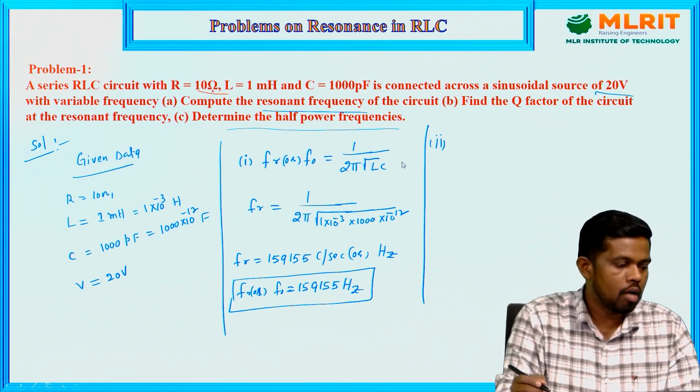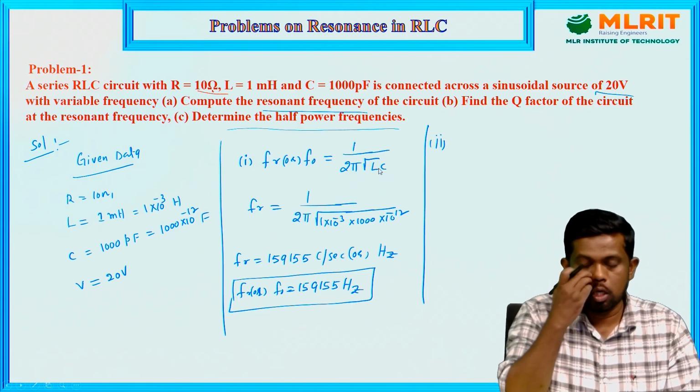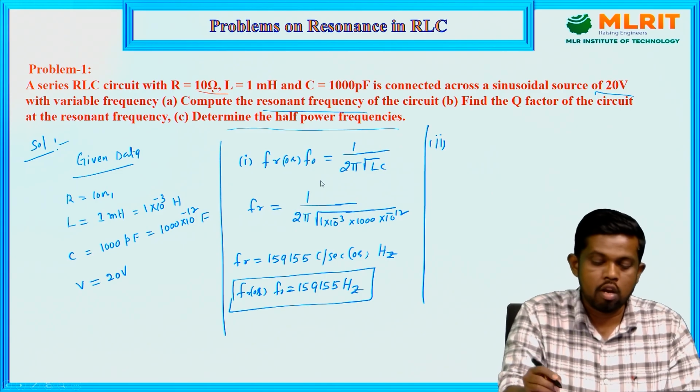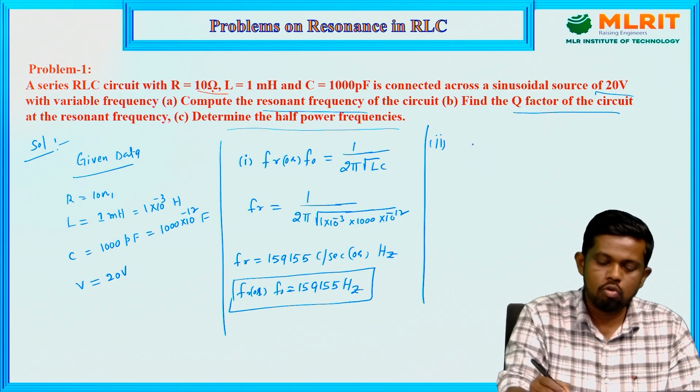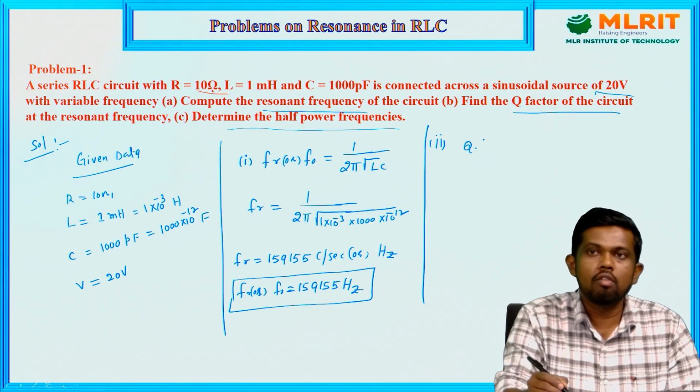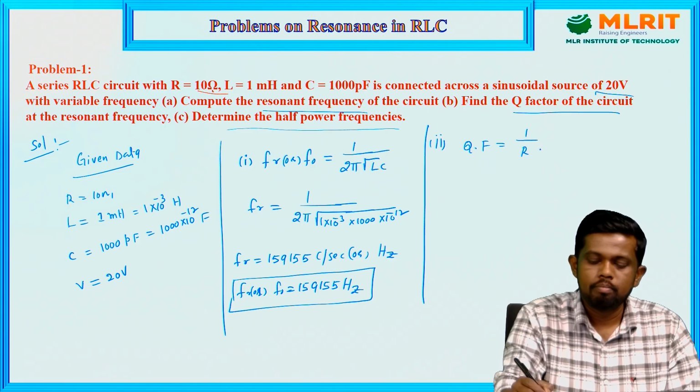The second question asked, part B, is to find the quality factor of the RLC series circuit under the resonance condition. Because they asked for the quality factor under resonance condition only, as we derived in the last session, the quality factor is equal to 1 by R root over LC.